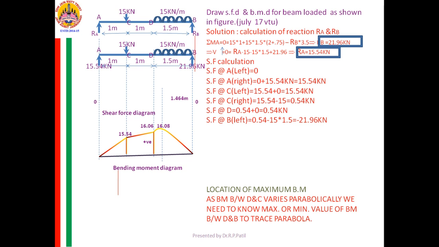Therefore, minus 21.96 plus 21.96 will become equal to 0. And that is the expected answer. Yes, this is the routine procedure that I am adopting in my SF calculation.